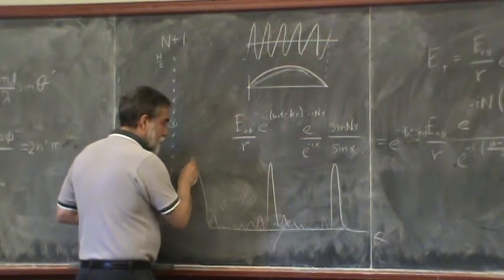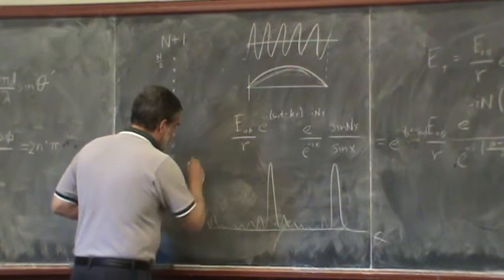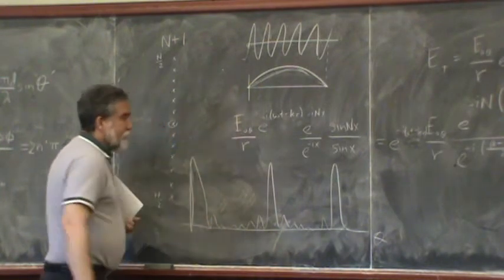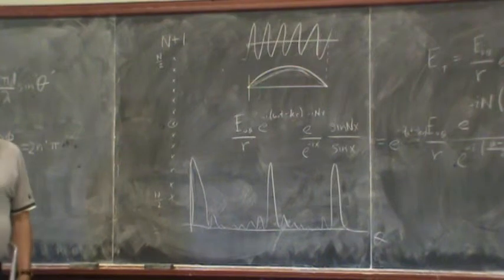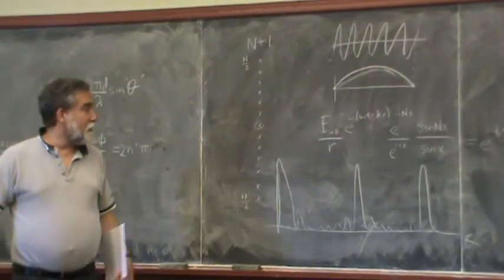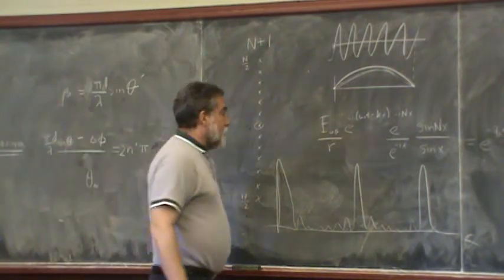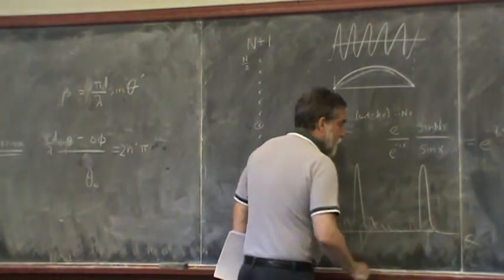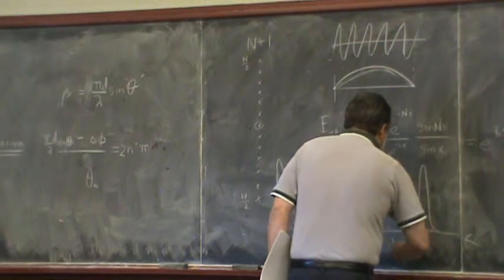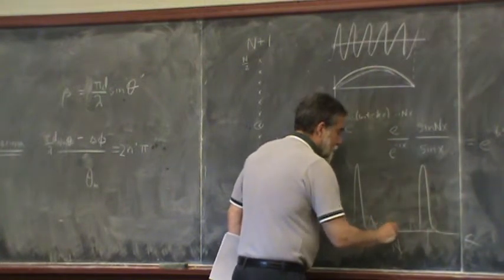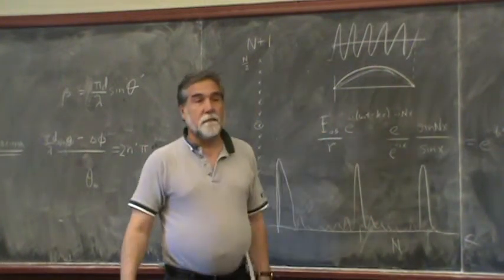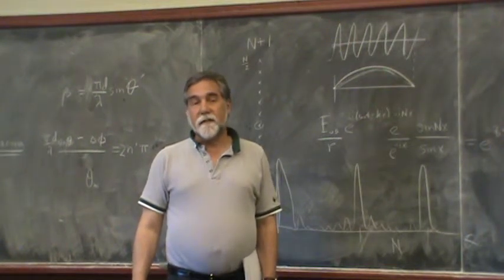I don't know that I've made the right number of oscillations there. But this is going to be a repeating pattern as a function of angle. Turns out that the number of maxima between here and here is n, the number of oscillators in the system.